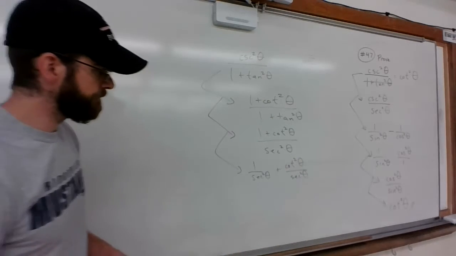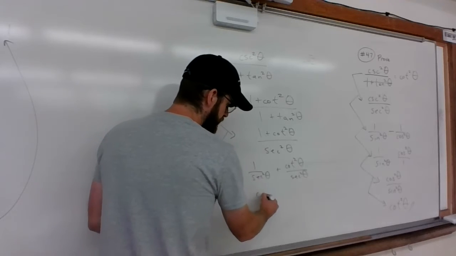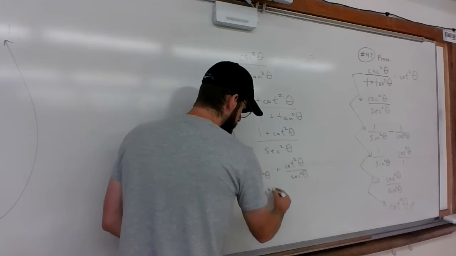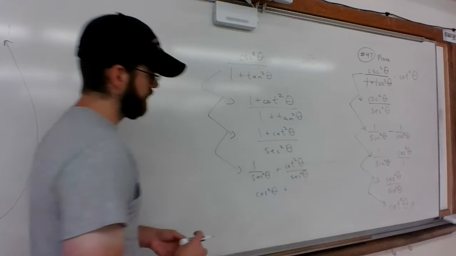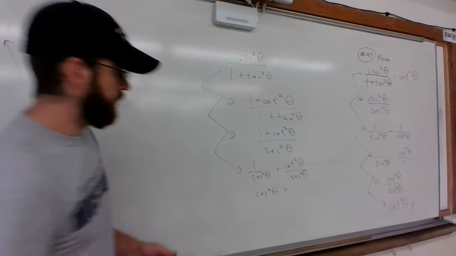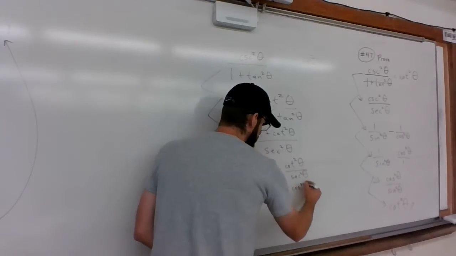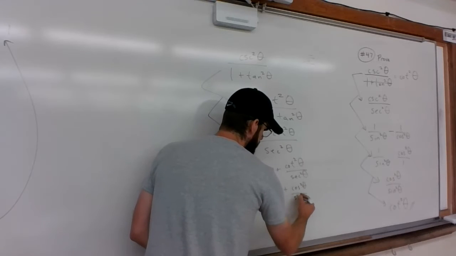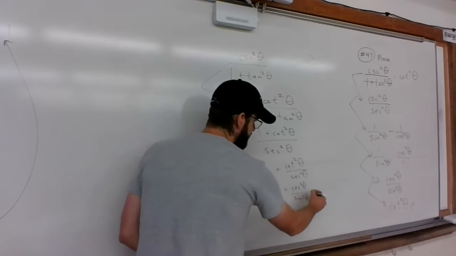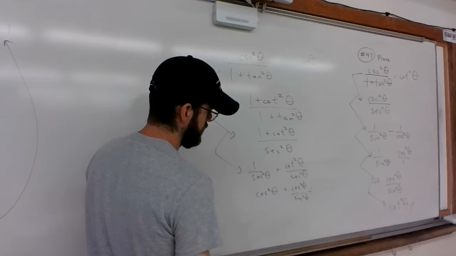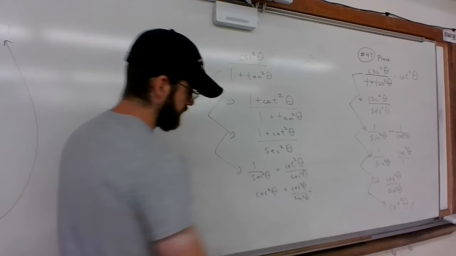Which this is the same as cosine squared, which this is cosine squared over sine squared divided by secant squared.